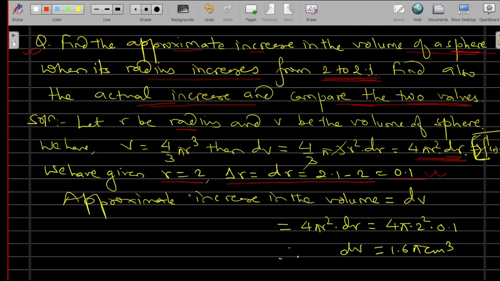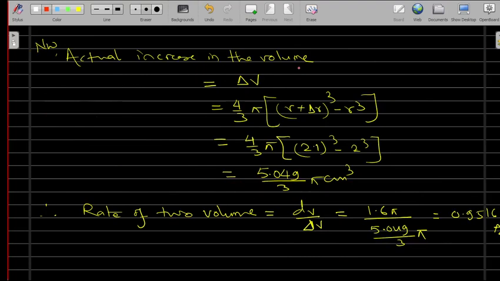It is also clear that the approximate increase in the volume is dV. dV is this, 4πr² into dr, that is 4π times 2 square times 0.1. Therefore dV is 1.6π centimeter cube. The actual increase in the volume is ΔV. ΔV is f(x+h) minus f(x).